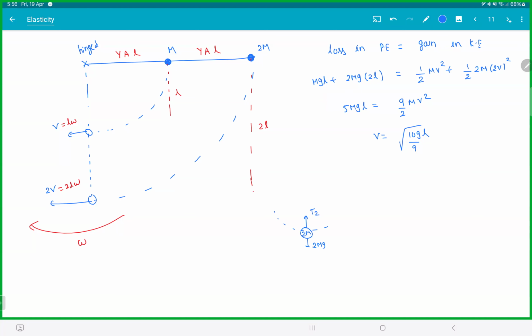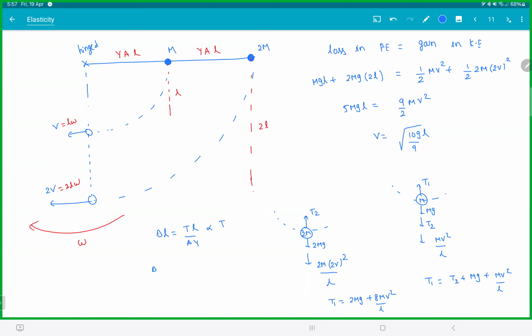Since it is going in a circle, I can take the centrifugal force as 2m (2v) whole squared by L. If you take the FBD of mass m, there will be T1, mg and T2, and since it is going in a circle, we also have a centrifugal force mv squared by L. So from here T1 is T2 plus mg plus mv squared by L, and from the other you get T2 as 2mg plus 8mv squared by L. We know the elongation delta L is tension times length by AY, so proportional to T. So the elongation in the upper rod, delta L1 by delta L2, will be T1 by T2. I will leave the answer to you.